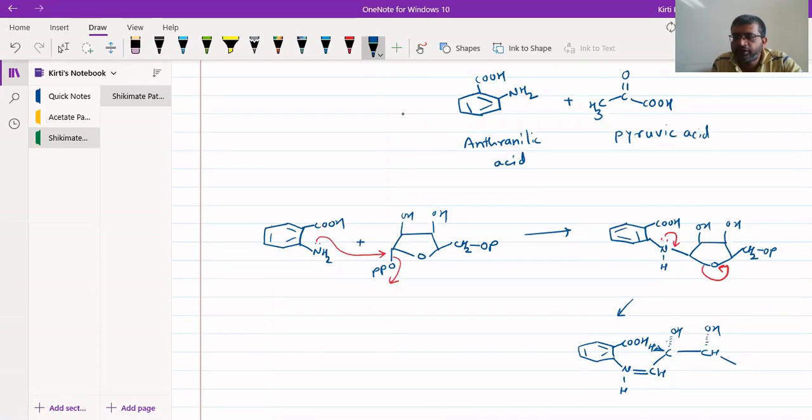Then we will have a CH wedge OH. This oxygen over here will be going in the opposite side from these two hydroxyl groups. Further, we have a CH2OP.